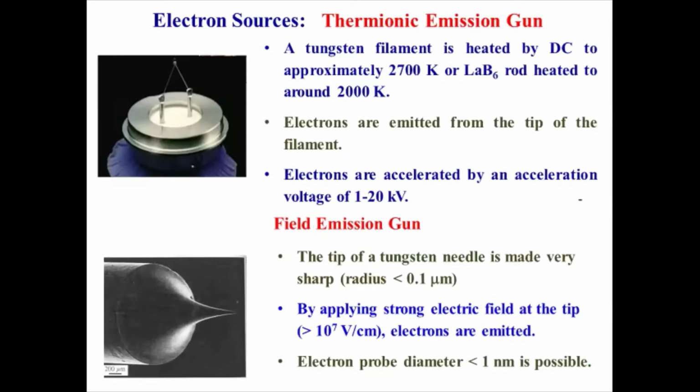So there are two kinds of electron sources or guns used. One is the thermionic source. It's a simple source. You take a tungsten wire or any metallic wire of refractory material like tungsten, tantalum or molybdenum.